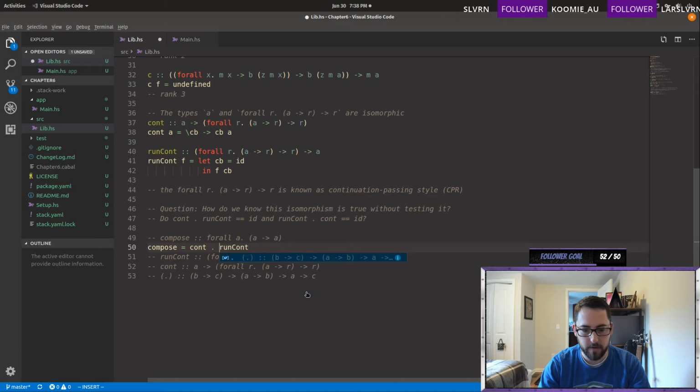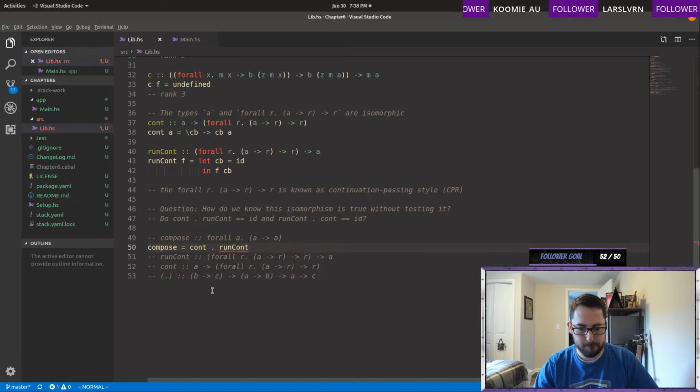We need to be able to write this. B. Is this whole thing B to C?